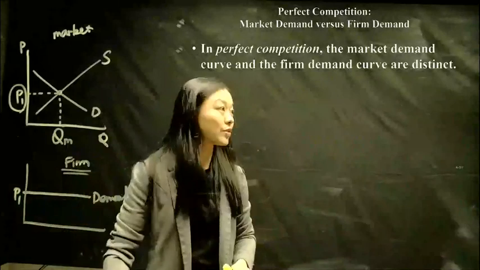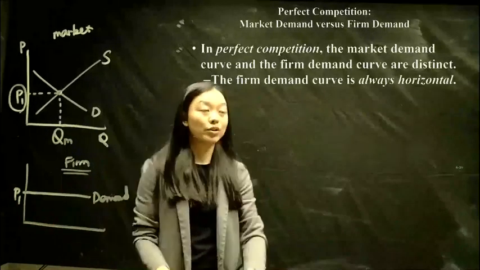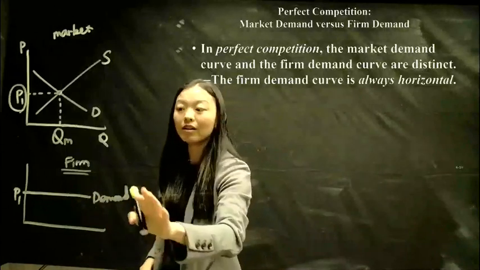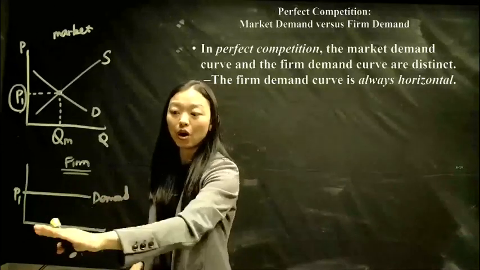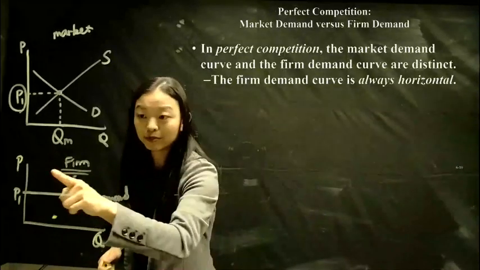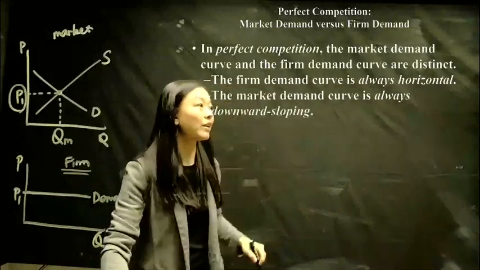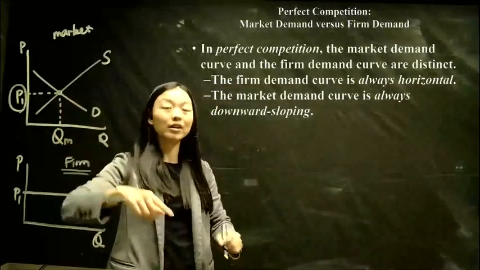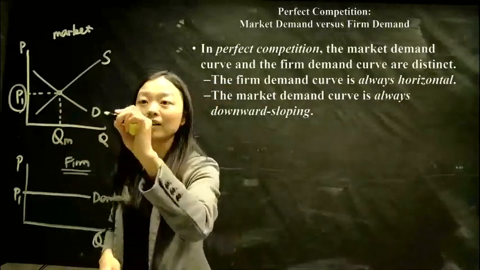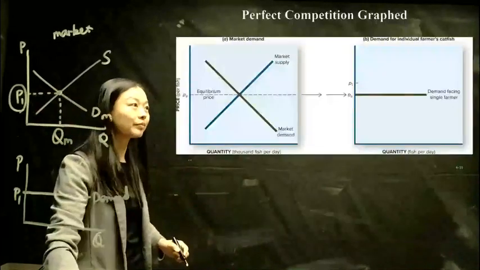The firm's demand curve is always horizontal, fixed at one price level. However, the market demand curve is downward sloping. This is the market demand curve, okay, downward sloping.